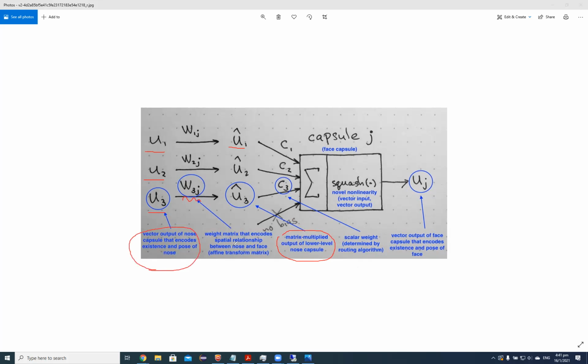Nose and nose. How can this represent the relation between nose and face? It will be learned. And how do we know it was actually designed to learn the relation between nose and face? Because the final UJ is the face. The last one is face. Yeah. Okay. But how do we let this capsule be the face capsule?